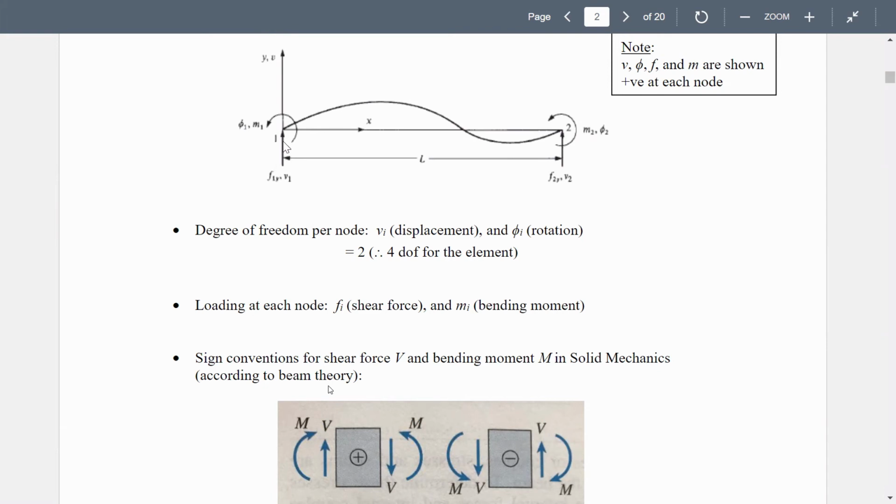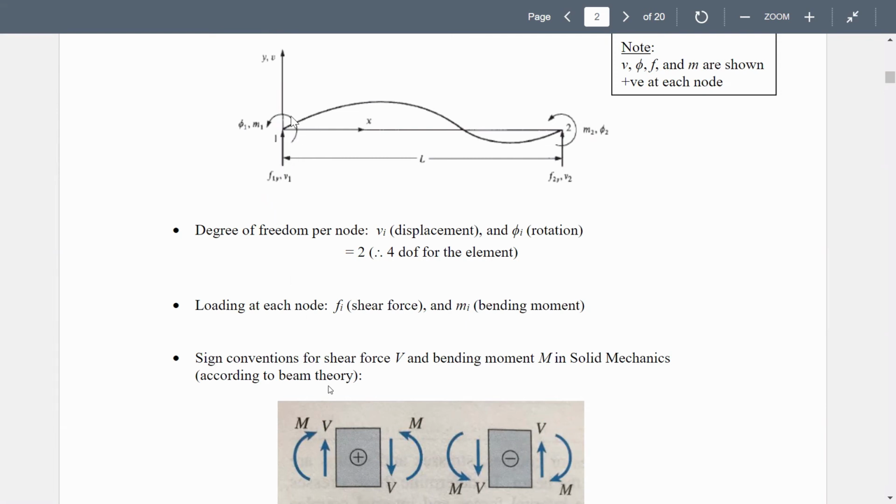In solid mechanics, is it considered positive or not? Yes. You're right. Look at this one, it is positive upward. If you look at this segment on the left side of this one, it is positive upward, so yes, in solid mechanics, it is also positive.